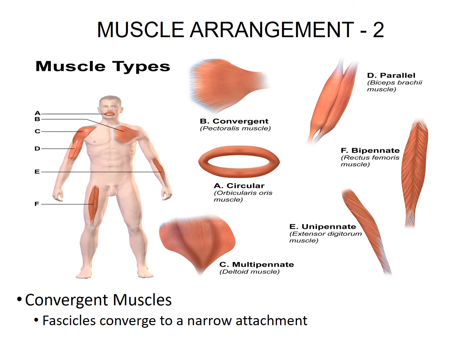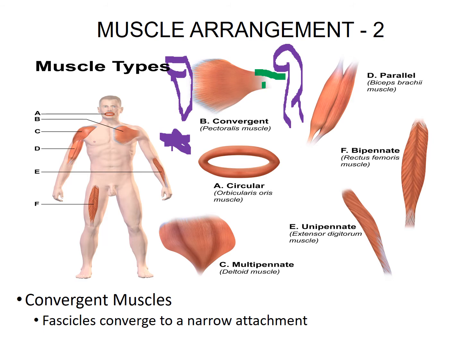So a great example of this is your big chest muscle, your pectoralis major, and it's up here with the letter B. So if we were to draw our sternum, remember we have our manubrium and our body and our xiphoid process, and then here we would have our humerus bone out here somewhere, curved humerus bone. But all of those fibers converge. They get really, really skinny at the tendon and converge near that humerus area. So they're really, really thick, really wide at the sternum, and then they get tiny towards the humerus. So it's converging on that point.